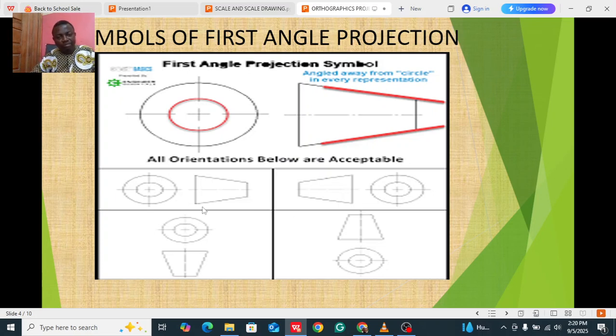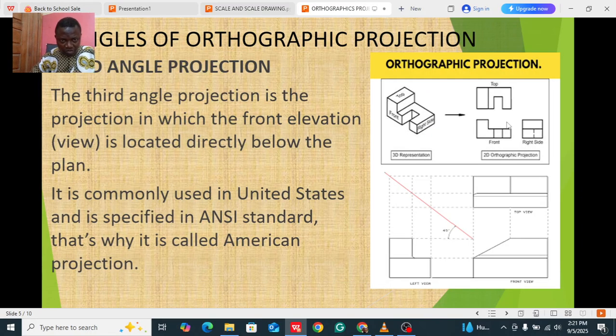But whichever positioning of either the trapezium or the circle, what will make us know that this is the first angle symbol is that the base of the trapezium is closest to the circle. So either the circle comes first or the other way around, the base of the trapezium is close to the circle. That's how we know that this symbol is for first angle projection.